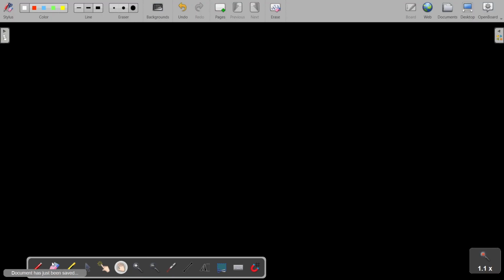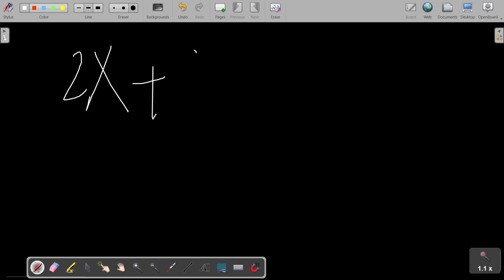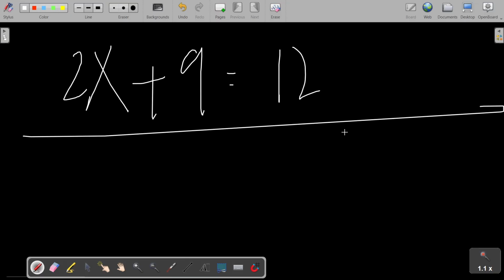So let's solve an equation. Let's say I have 2x plus 9 is equal to 12. I want to know the value of x in this equation. So I want only x on one side.